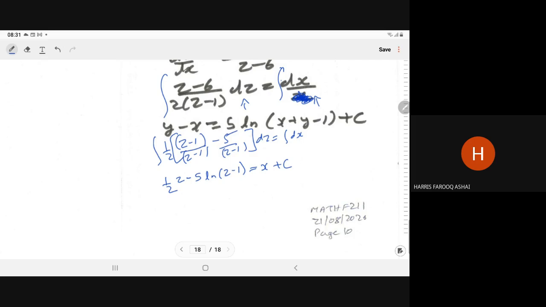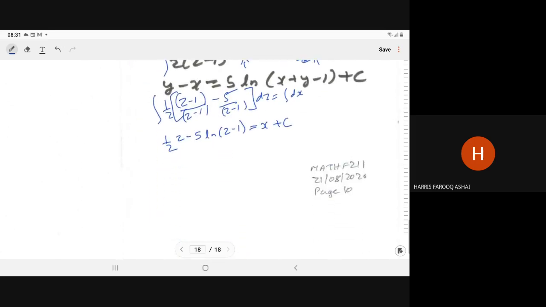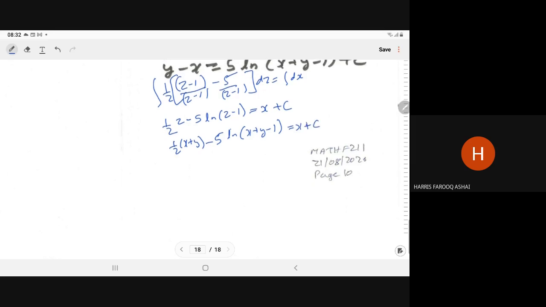We assumed z is equal to x plus y. So 1 by 2 into x plus y minus 5 ln of x plus y minus 1 is equal to x plus c. So this x will come on this side.